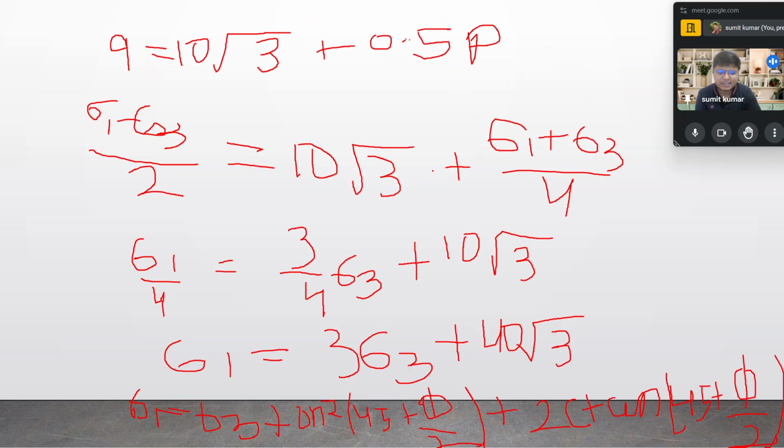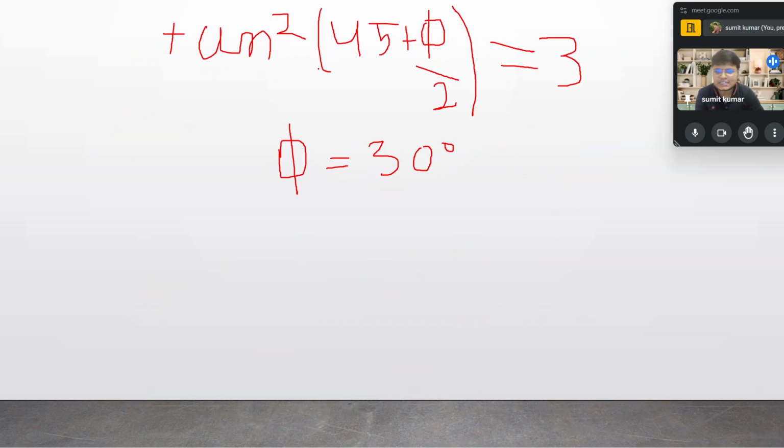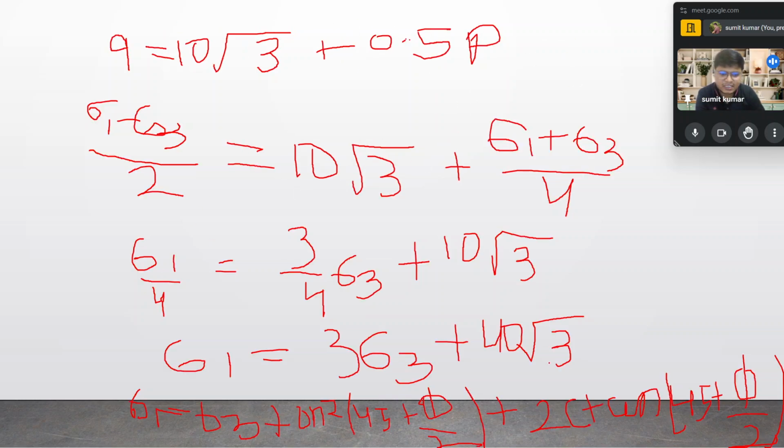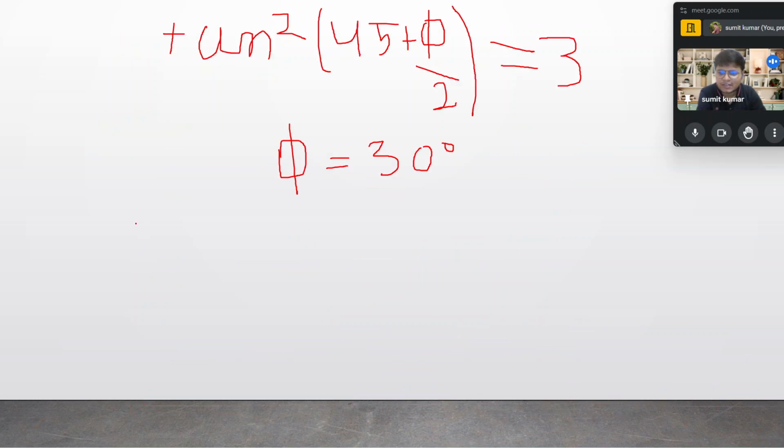And when we find the next, that is 2c tan (45 plus phi by 2) equal to 40 root 3, right? 2c from here, this is nothing but this. So I will write 2c tan (45 plus phi by 2) equal to 40 root 3.